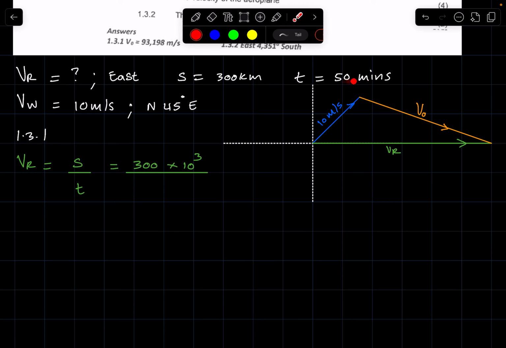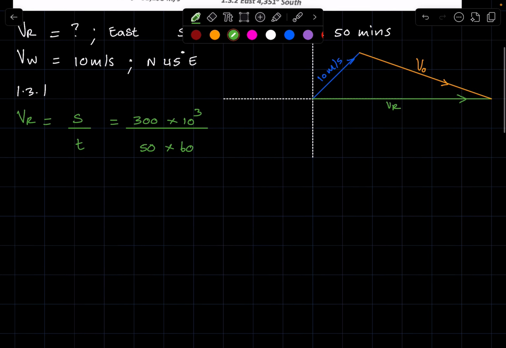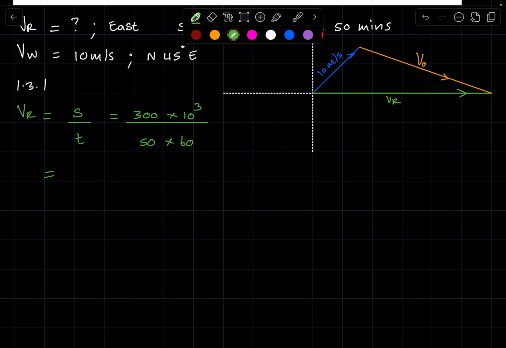So the given time is in minutes. Now we have to convert the minutes to seconds. So converting from minutes to seconds, you multiply by 60. If you punch that in your calculators, we are going to get 100 meters per second.